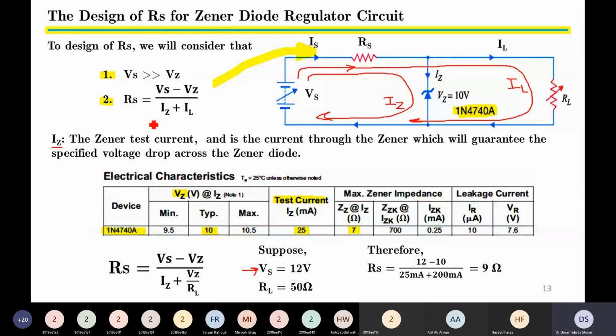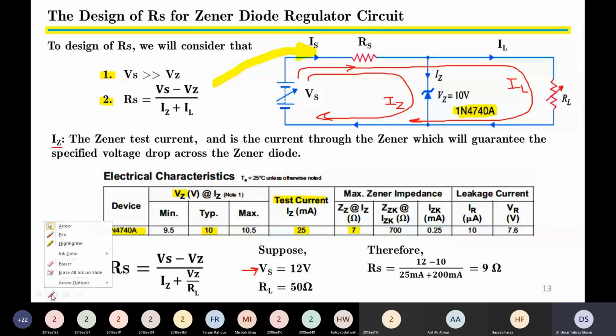Now in this formula of RS, we know Vs, that is 12 volts. We know Vz, that is 10 volts. And we know Iz, that is equal to 25 milliampere. But we still do not know IL, the load current. We know the load resistance, but we don't know the load current.